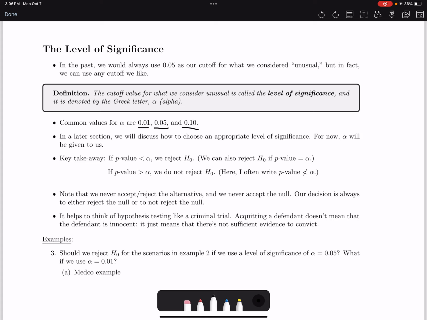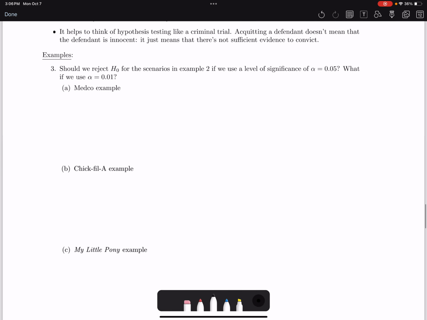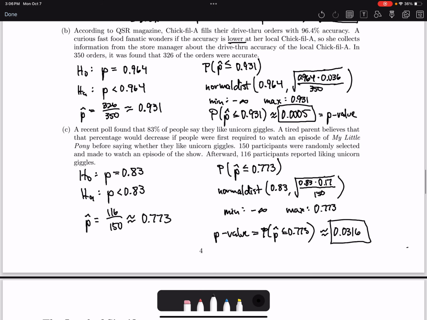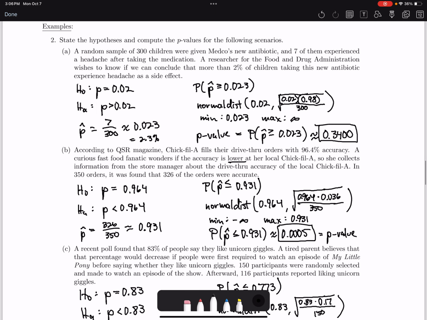So with that in mind, let's make some decisions. Number 3 says, should we reject H null for the scenarios in example 2 if we use a level of significance of alpha equals 0.05? What if we use alpha equals 0.01? Well, let's see. In the Medco example, the p-value that we got was 0.3400.